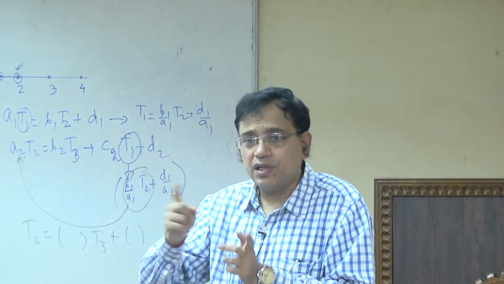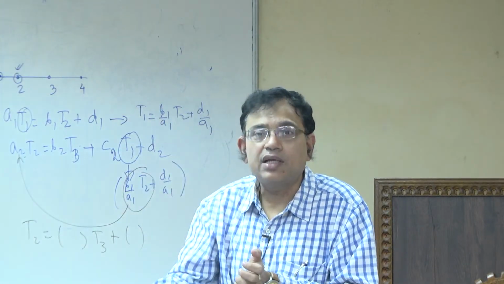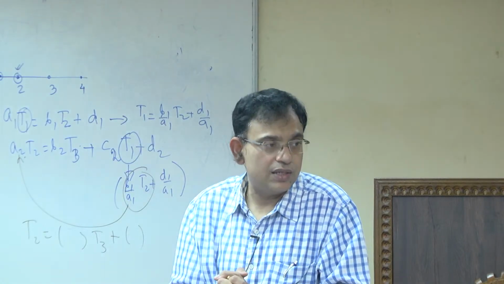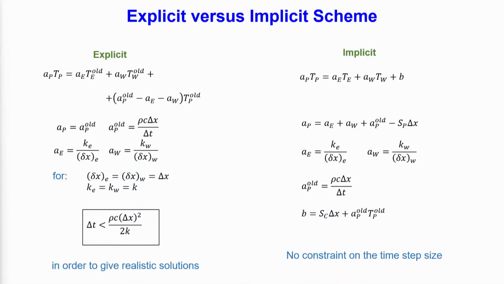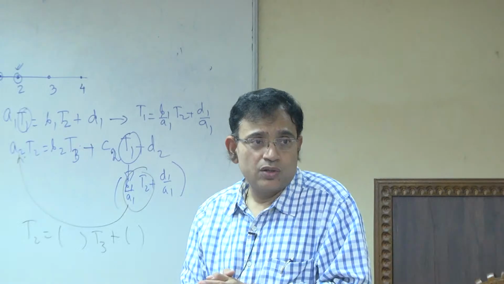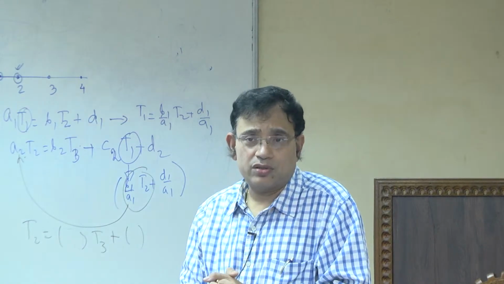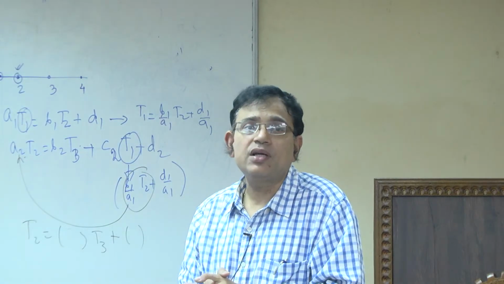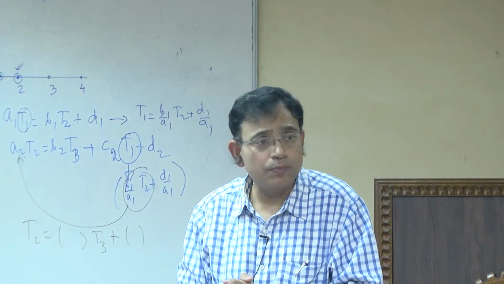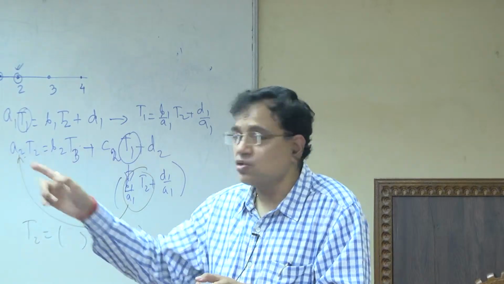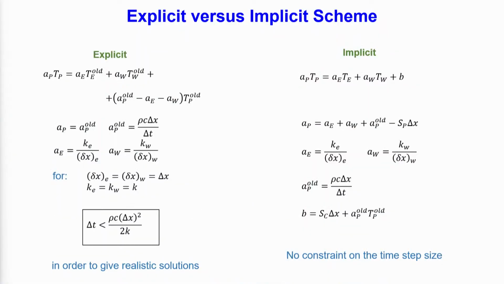But if one of the coefficients is negative and the other is positive, an increase will create a decrease effect, which is physically unrealistic. To avoid that, you have to make that bracketed term positive, and that gives delta T less than this. So, you have a time step constraint based on your delta x. That means you cannot choose any arbitrary time step, you lose the freedom of choice of your time step completely, and it will be guided by the choice of your space step delta x.